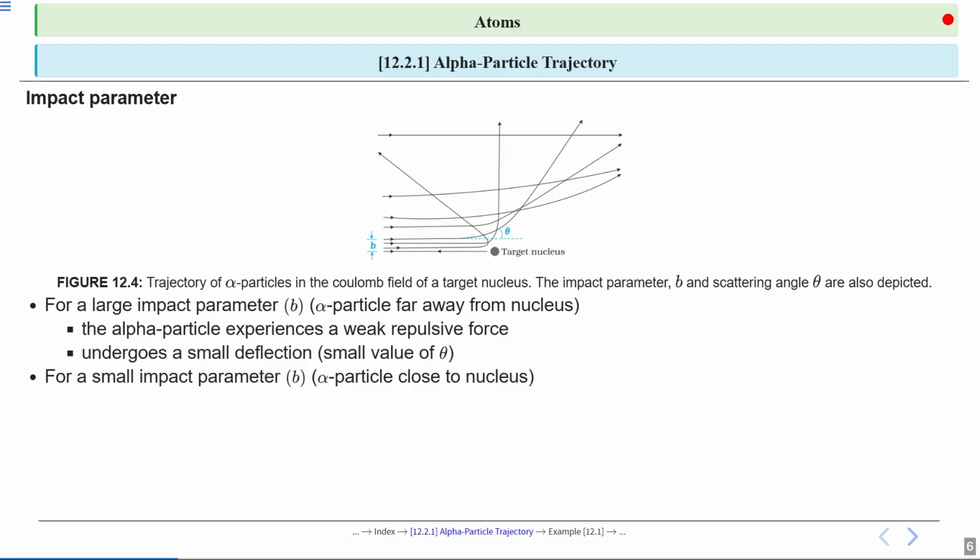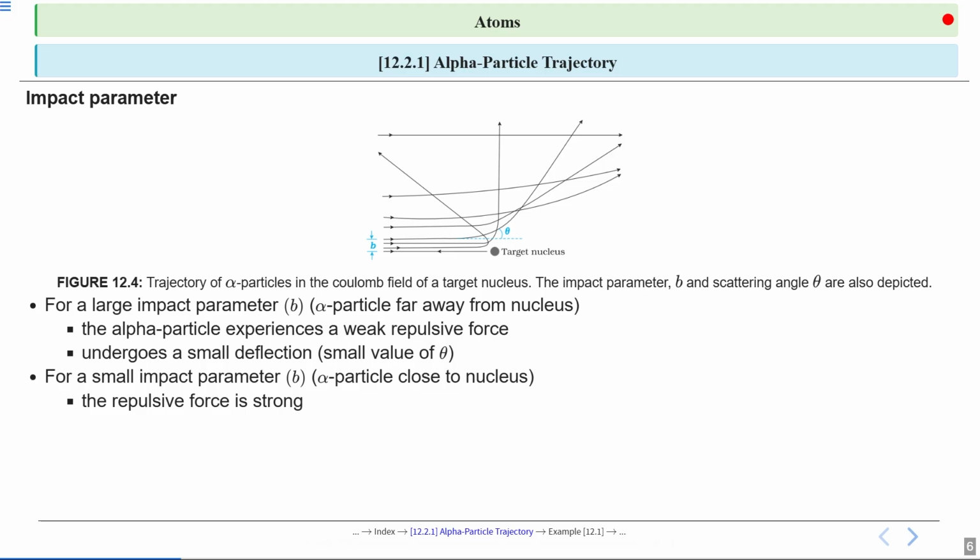Now let's look at what happens when the impact parameter b is small. This means the alpha particle comes much closer to the nucleus during its approach. With a small impact parameter, the repulsive force between the alpha particle and the nucleus becomes much stronger.